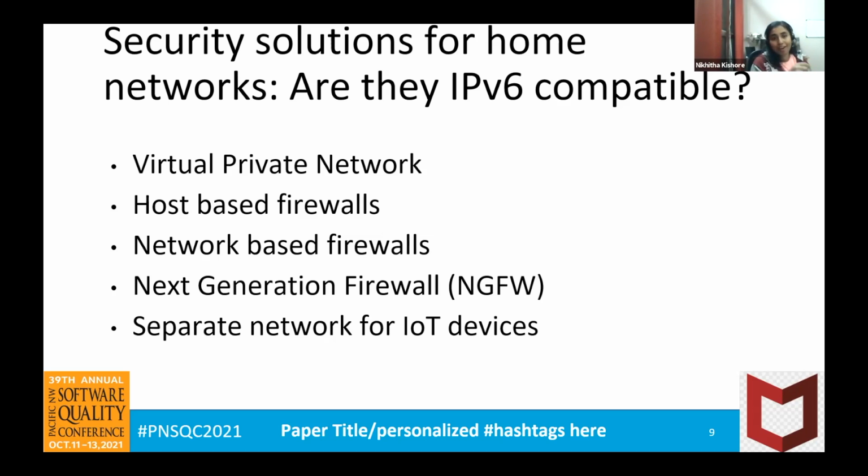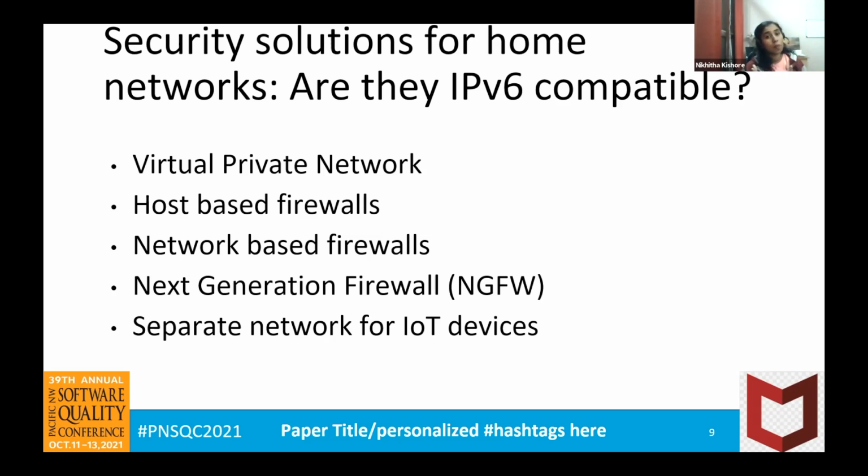And now you cannot just ask the user to go ahead and create IPv6 rules accordingly. So is IPv6 network security ready with respect to home networks? With respect to enterprise networks, it's a different story, because in enterprise networks, you're going to have an IT personnel dedicated to security. They are going to learn about it. They are going to update their rules accordingly. That person is there.